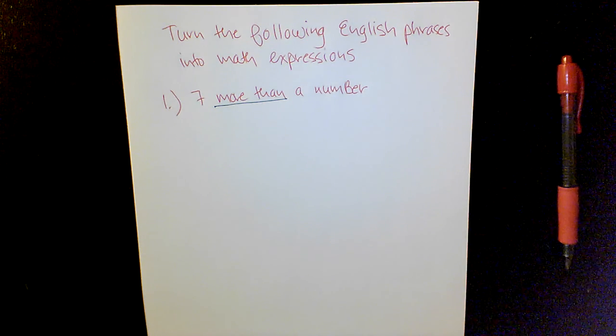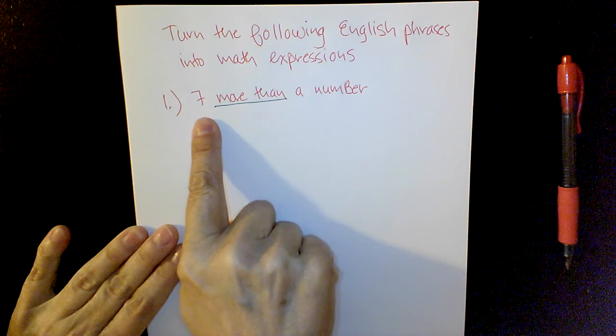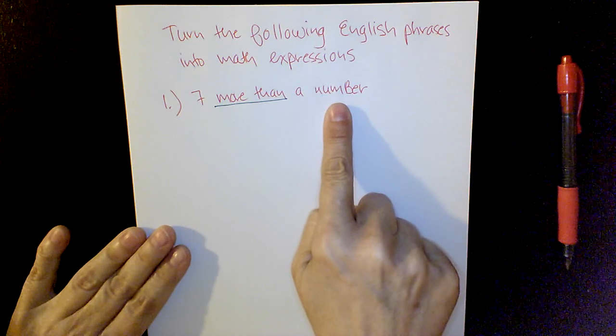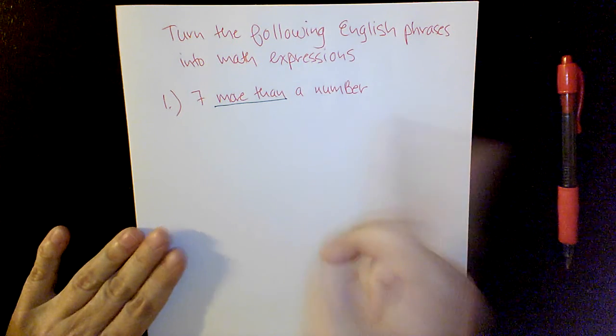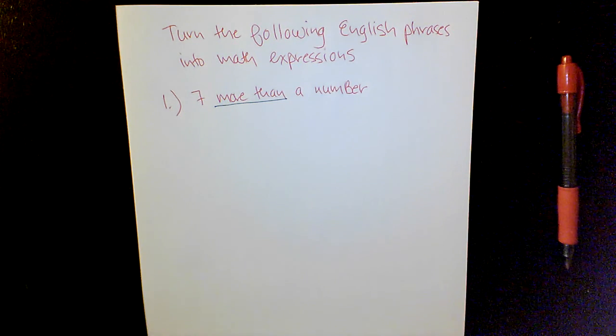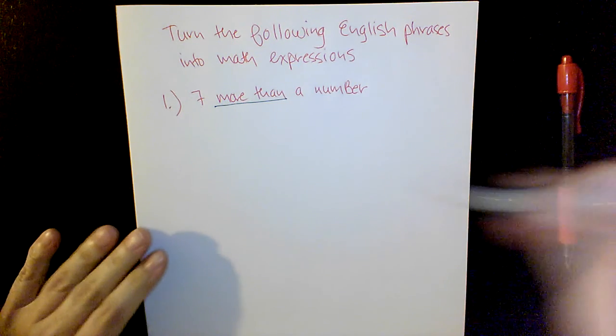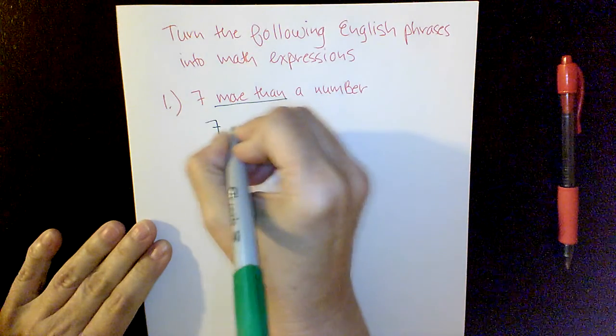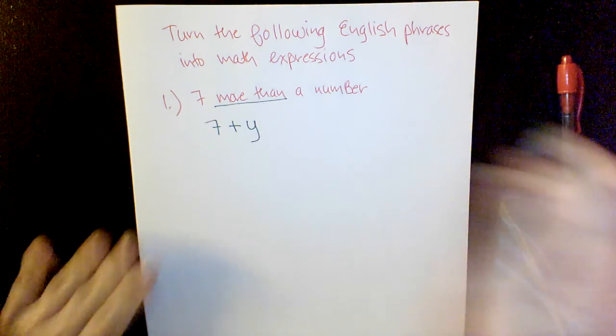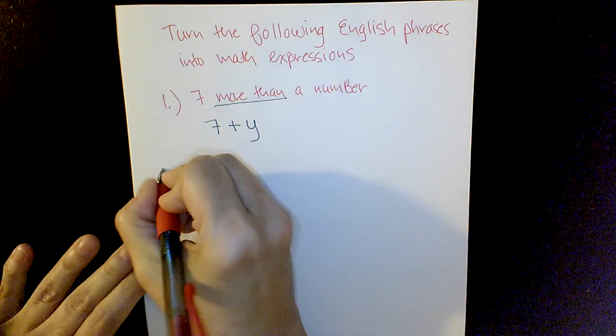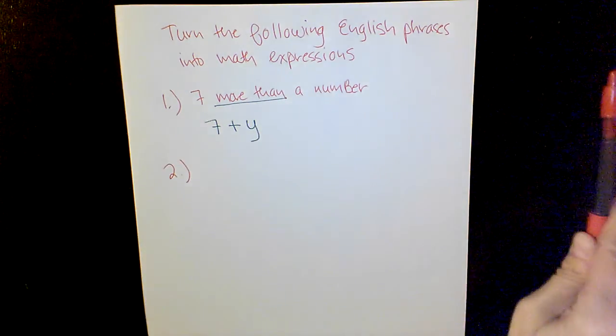Add, subtract, divide, multiply. That means that we're going to add, so I want to add 7 and some number. You can use X or Y, that's what they do on Hawks. So 7 plus Y. Easy.